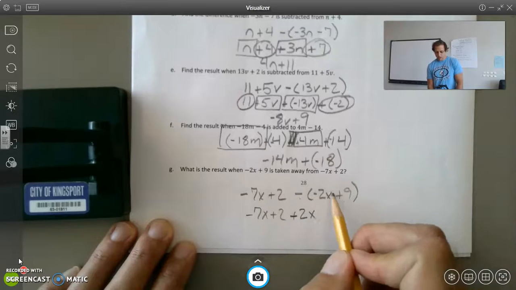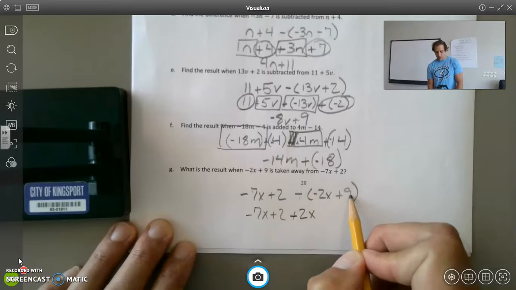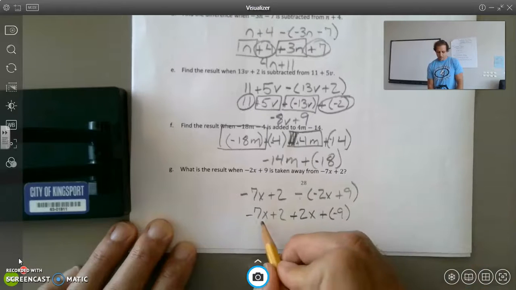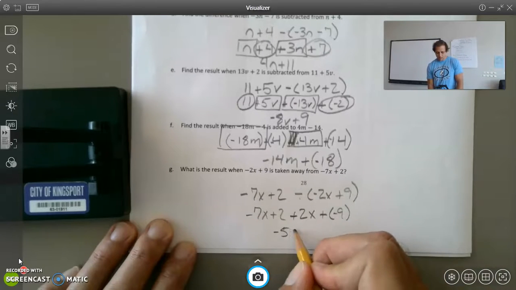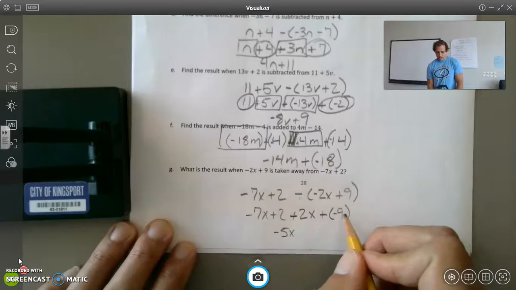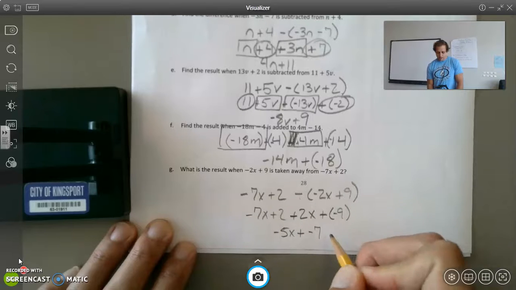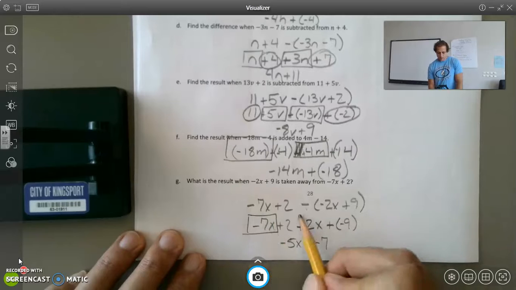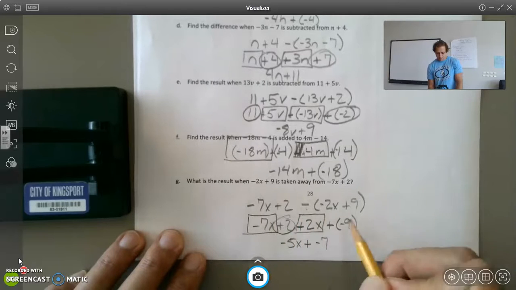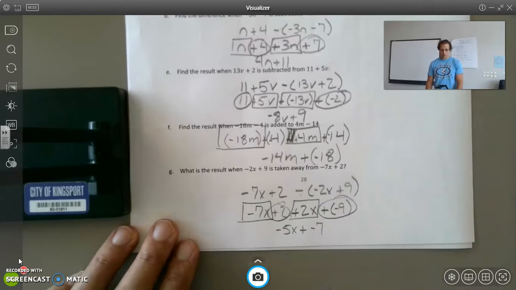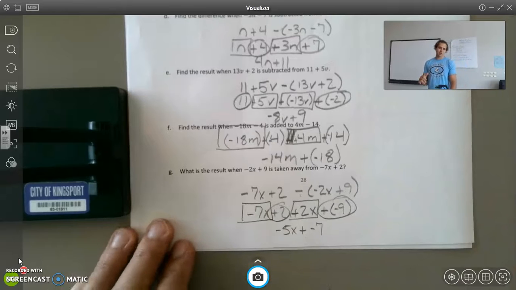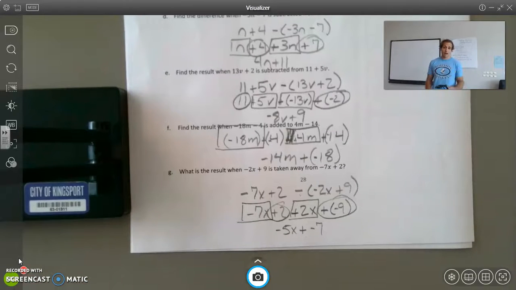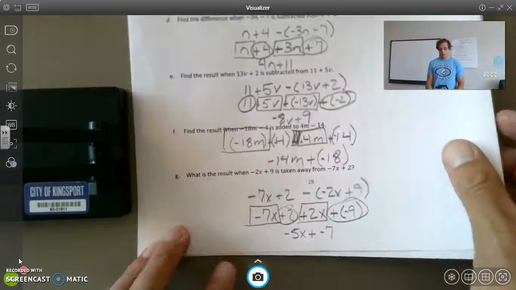And since I'm subtracting here, I'm going to make this plus the opposite of 9, which is going to be negative 9. Negative 7x and 2x is negative 5x. 2 and negative 9 is negative 7. And here is our final expression. Remember to put squares around your variable terms and circles around your constant terms, just as a means of separating them and identifying what terms are alike.